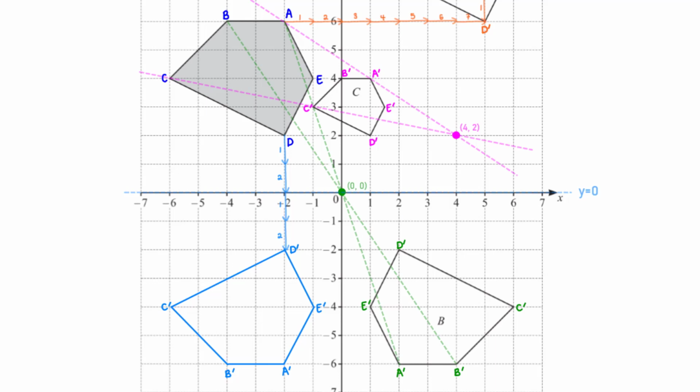So for point D on the shaded polygon, since we move 2 units downwards to touch the line of reflection, we also need to move 2 units downwards from the line of reflection to pin the new position of point D. We need to repeat the same process for all the other points on the shaded polygon as well. When we are done, we are able to map out the reflected image of the shaded polygon.